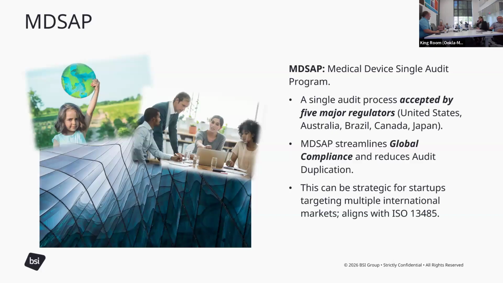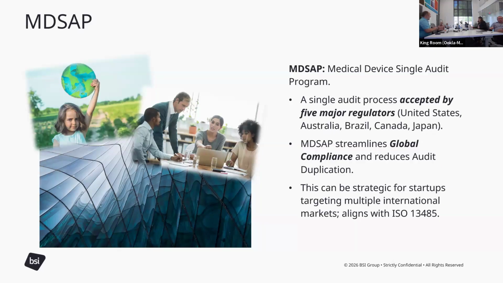MDSAP is ISO 13485 on steroids. So it's essentially the same kind of requirements, but it also adds in region-specific or regulator-specific requirements for the US, Brazil, Australia, Canada, and Japan.